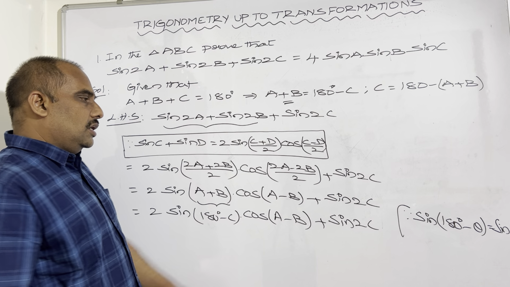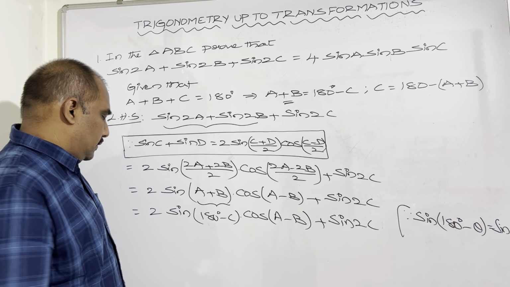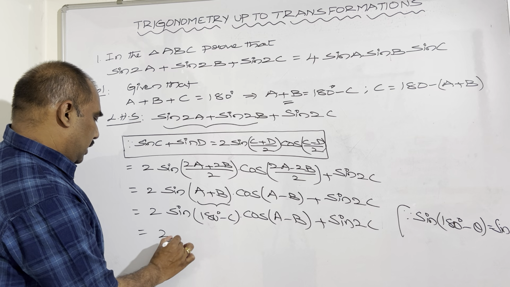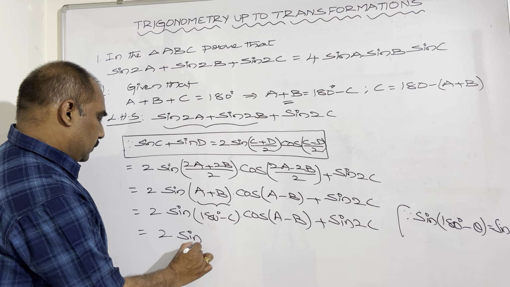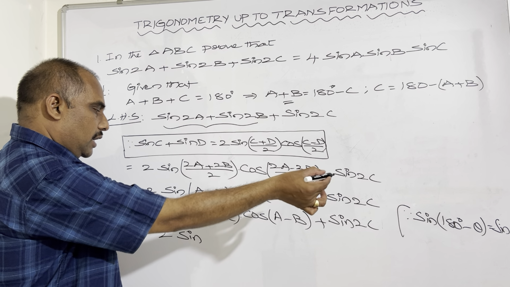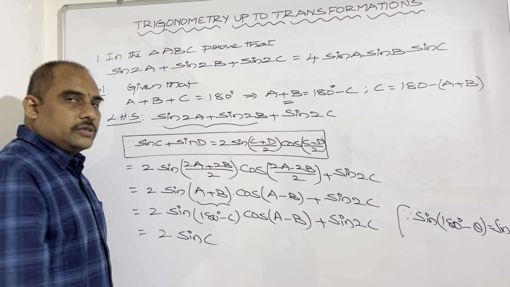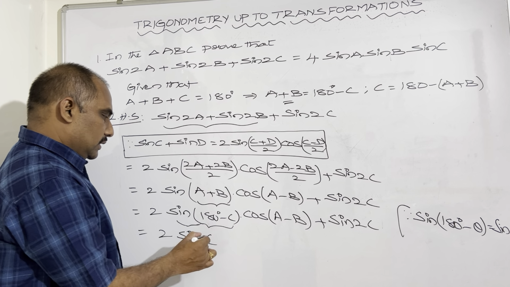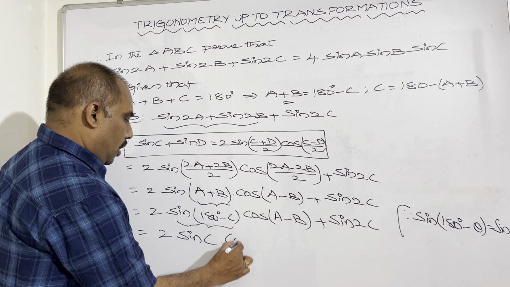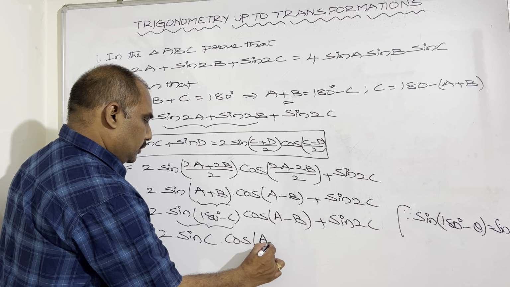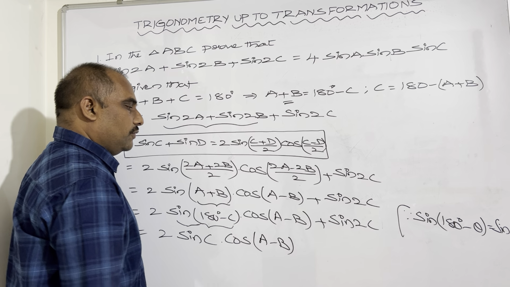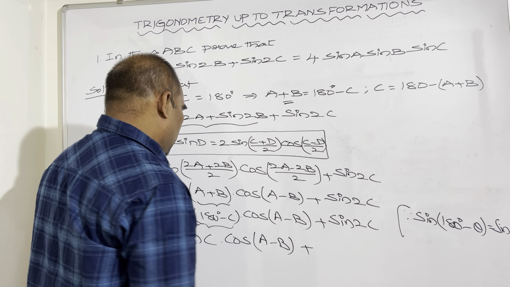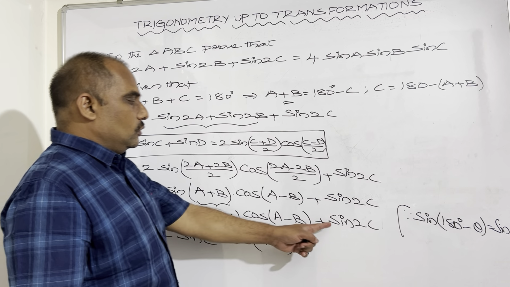In place of theta we have C, so sin(180 - C) is sin C, giving 2 sin C cos(A - B) plus sin 2C.